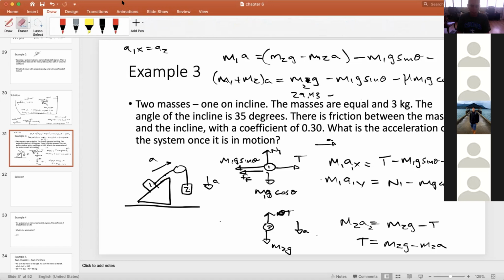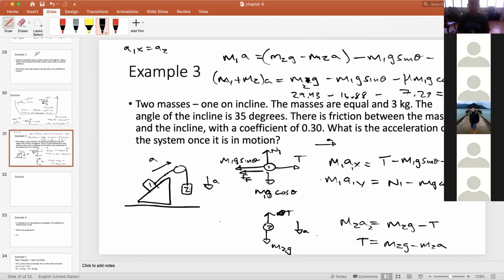3 times 9.81 times sine of 35 is 16.88. What is mu? 0.3 times 3 times 9.81 times cosine of 35 is 7.232 something.